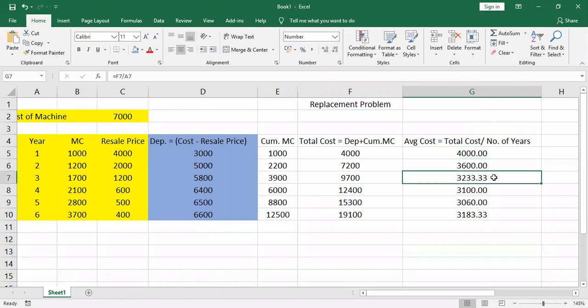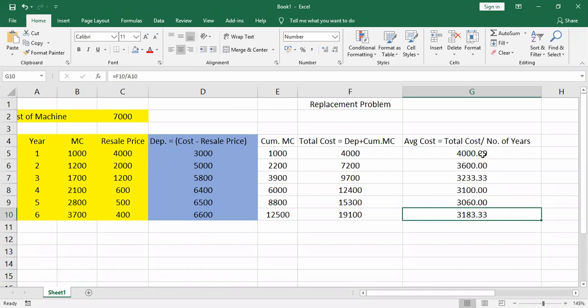If I continue for 3 years, it costs 3,233. For 4 years, it costs 3,100 per year. For 5 years, it costs 3,060 rupees per year. For 6 years, it costs 3,100.